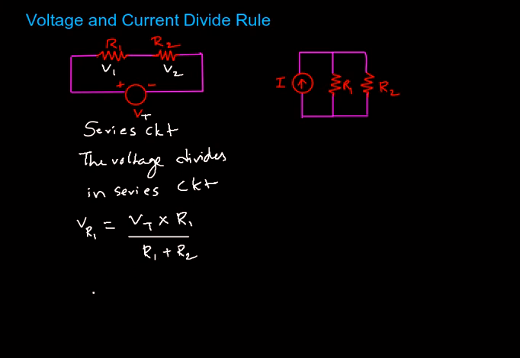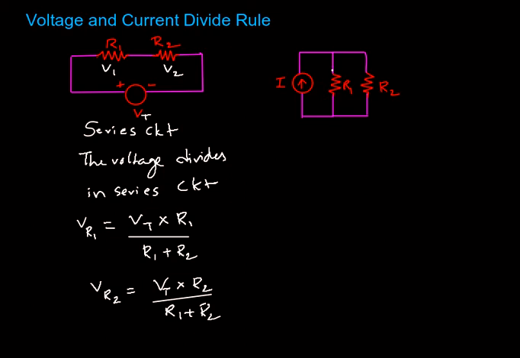If you want to find the voltage drop at the R2 resistor, then you write VT into the same resistor R2 by the total resistance R1 plus R2. This is the simple rule we can use for finding the voltage drops.